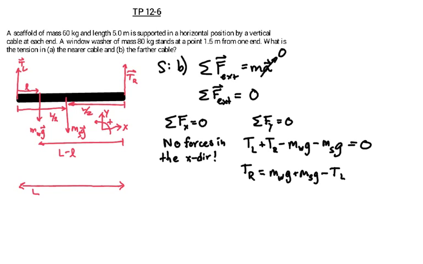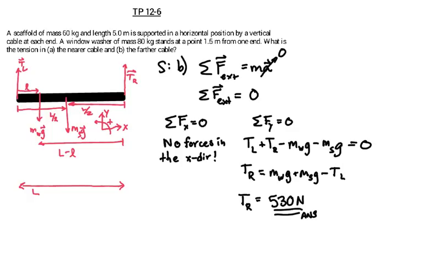Well, we know the mass of our window washer, we know the acceleration due to gravity, we know the mass of our scaffold, and from part A, we know the tension in the left cable. So, as we put in all that information, we get 530 newtons.